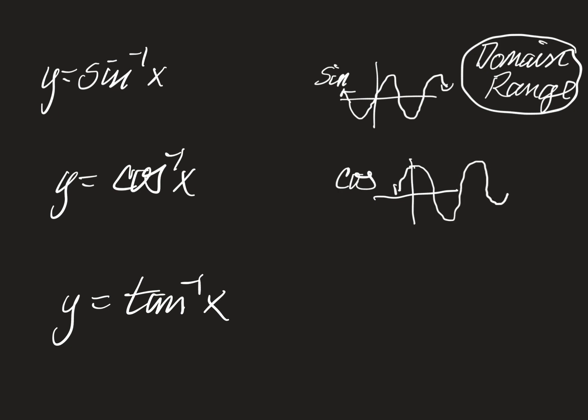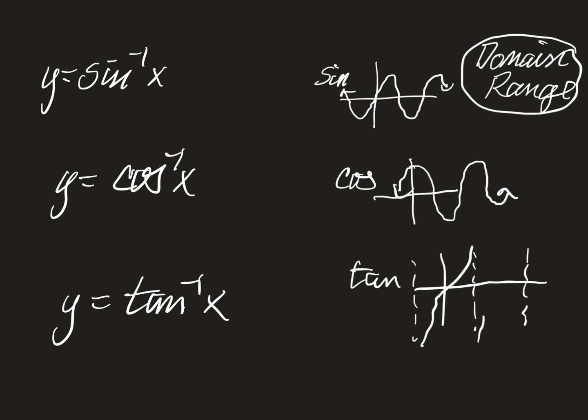And it would go on forever. And the graph of tangent would look like this. So this is what you got from the last lesson. And so tangent has asymptotes, and it looks sort of like an x cubed function between the asymptotes.